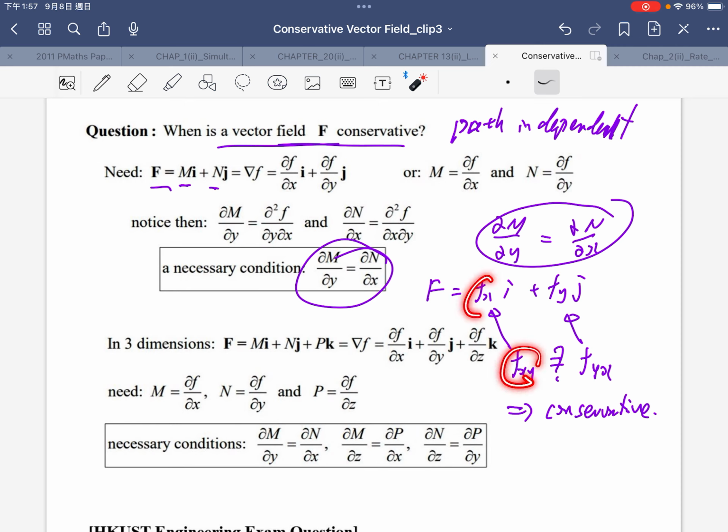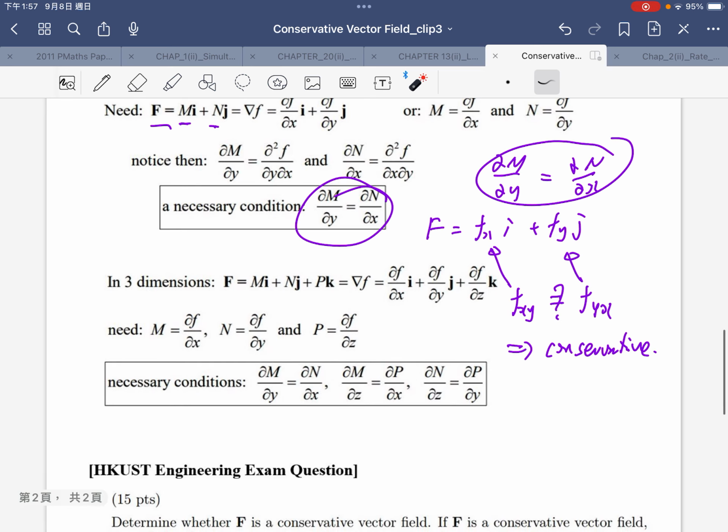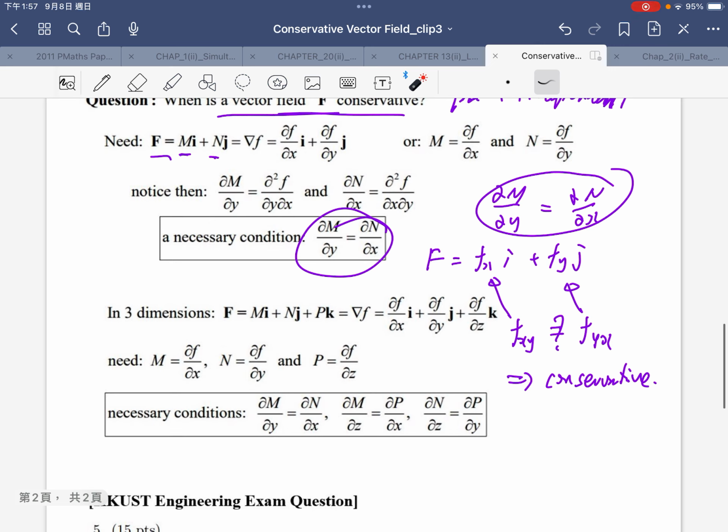Partial differentiate the x coordinate with respect to y, and partial differentiate the y coordinate with respect to x. Then check they are equal. Done. In this case, conservative means F is equal to the gradient vector of a certain function, and I will show you how to find this function.